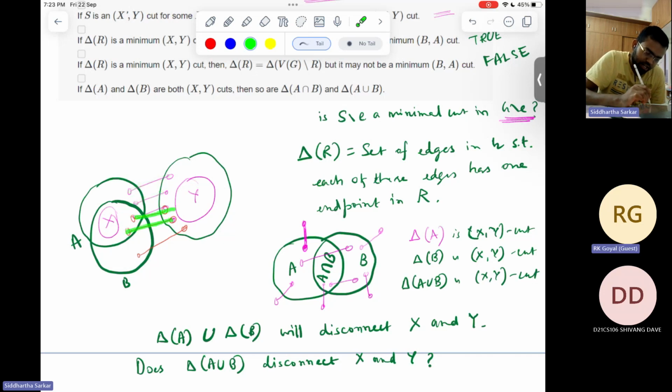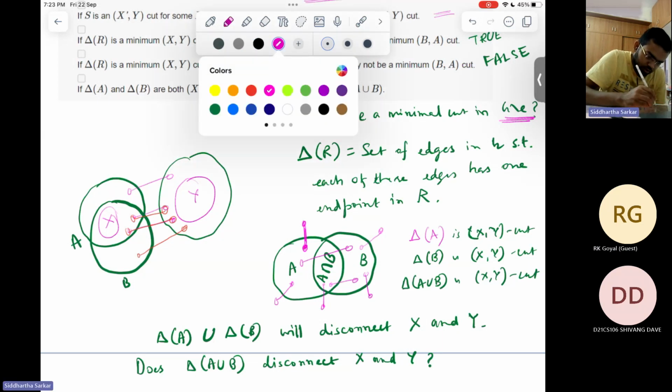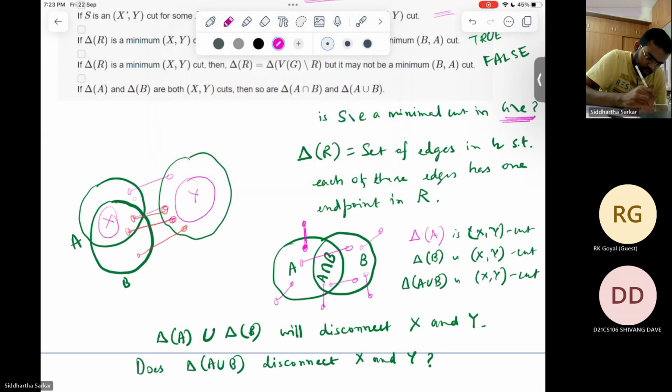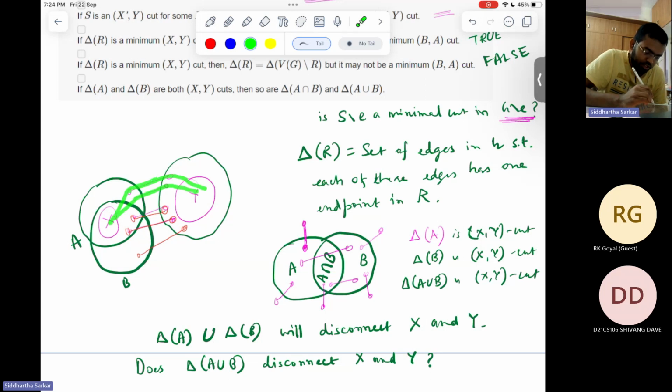If you take these three red edges, then X is disconnected from Y. If you are considering the XY cut with respect to A, then there is a path like this, there is a path like this. So these need to be disconnected. The three things will disconnect.